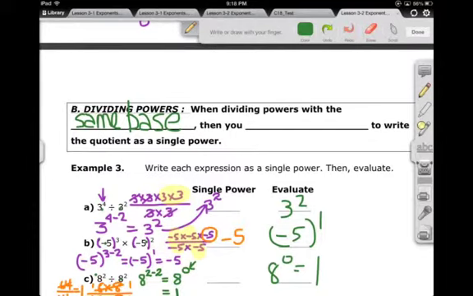If not, these rules don't apply. Subtract. Okay, rule number 2 in place.